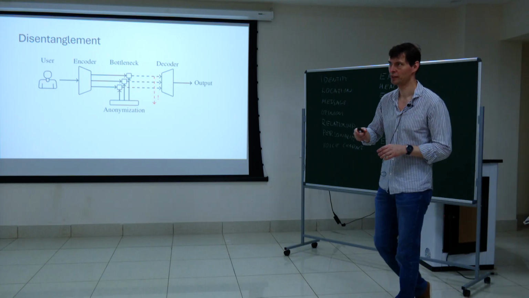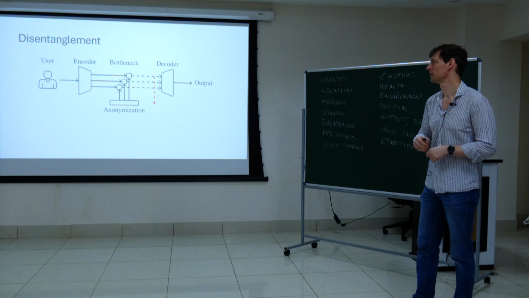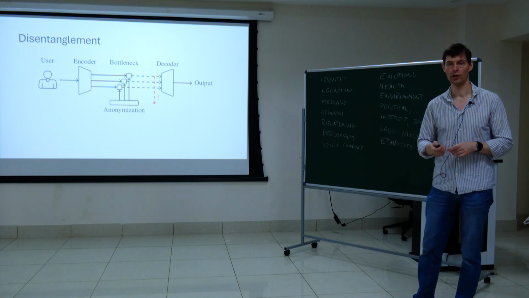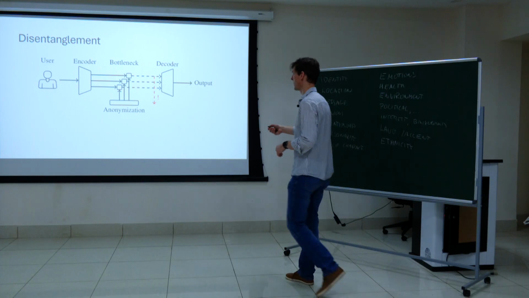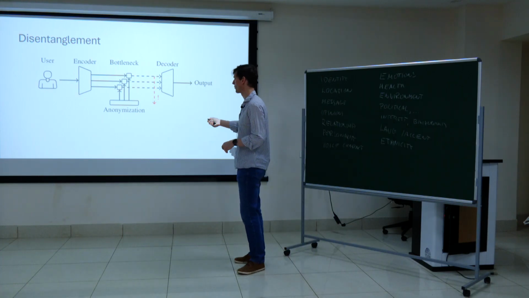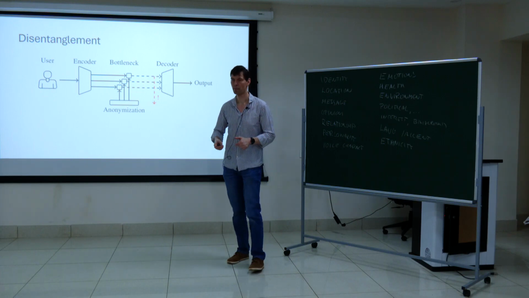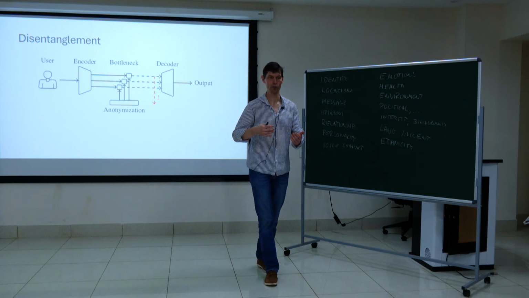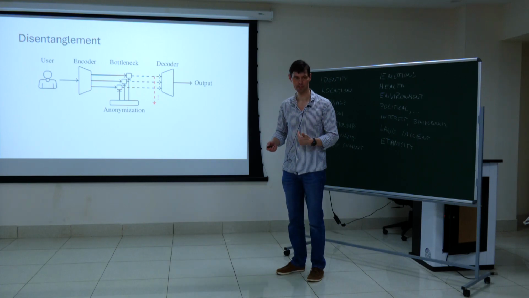This is basically a generalization. So we don't just have to have one bottleneck, we can have multiple bottlenecks. For example, one here could be phoneme content, next could be pitch information, and then finally it could be speaker identity. And then depending on what we want, we can choose which parts are anonymized.